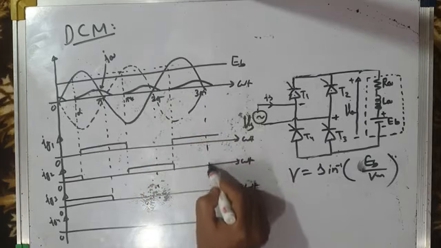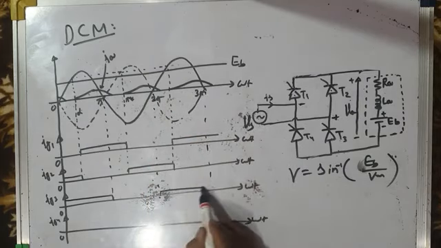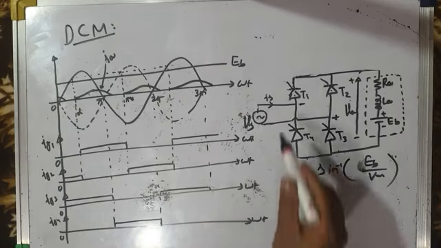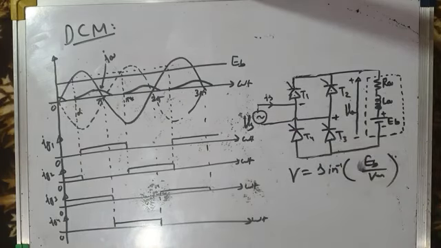And Ig4 will be complementary to Ig3. So whenever Ig3 is low, Ig4 will be high. So this is the gating current or gating pulse pattern for the four devices T1, T2, T3 and T4.